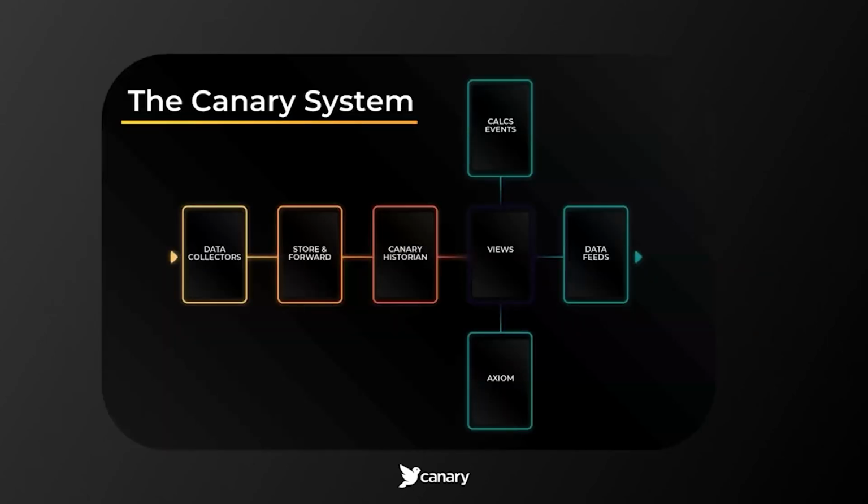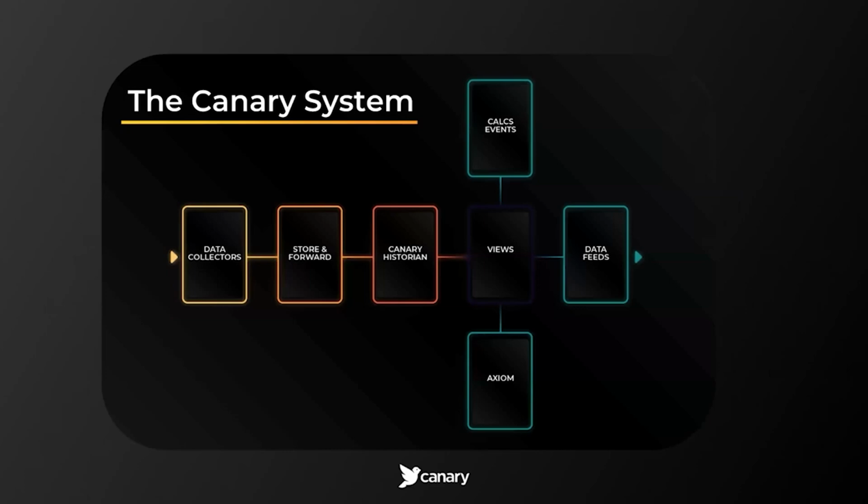And so the Canary system is made up of 7 different applications or modules. Starting off with the left, we collect, store, and contextualize data to enable data-driven decisions. The views, calculations, and events modules is where we add context to the data, build asset models, events, and calculations to transform the data into information that can be used.